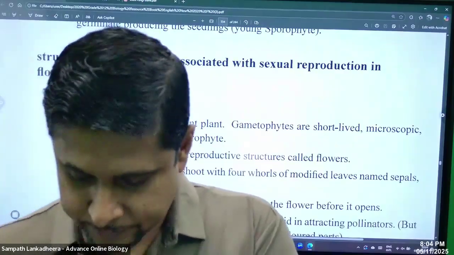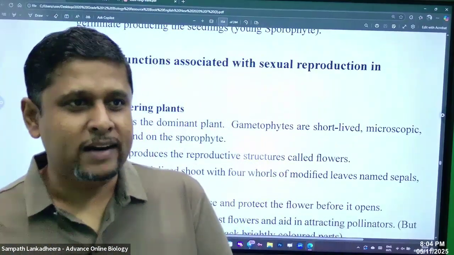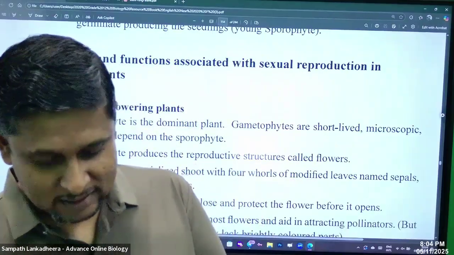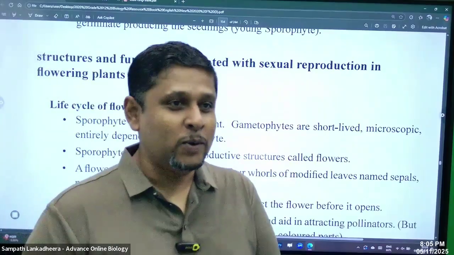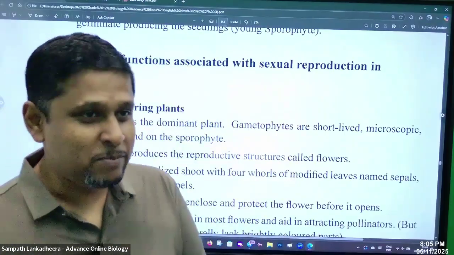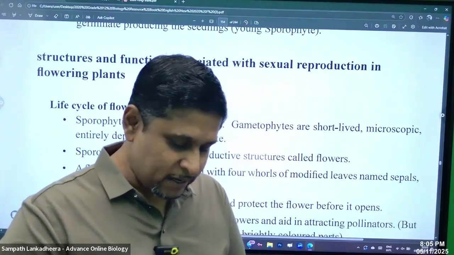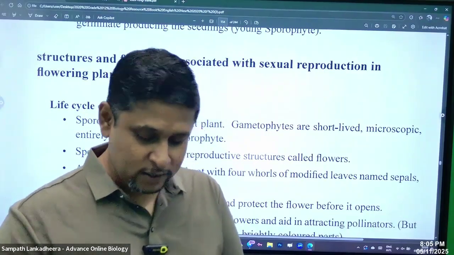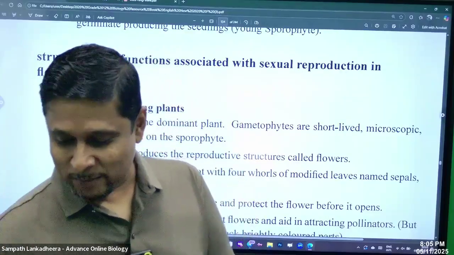People, flowering plants, Anthophytes. What do you know about anthophytes? Flowering plants. What's the dominant stage? Sorry, the sporophyte is the dominant stage.